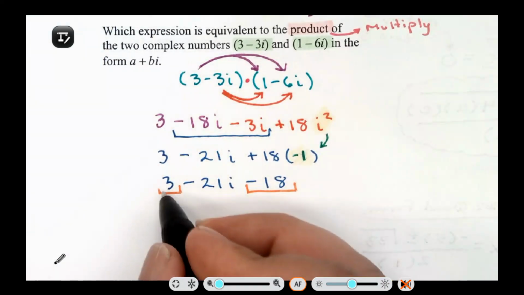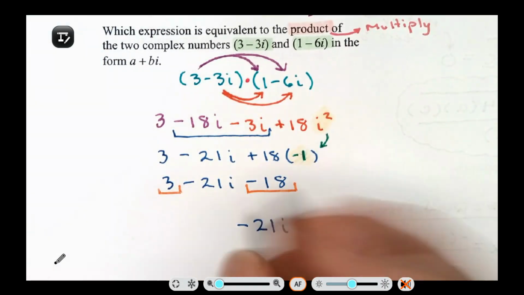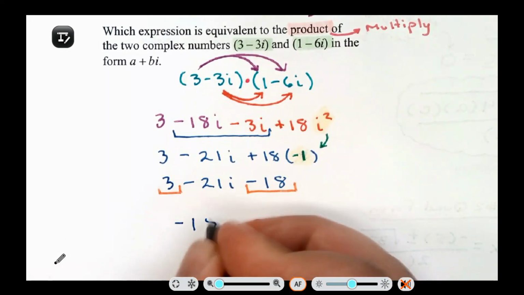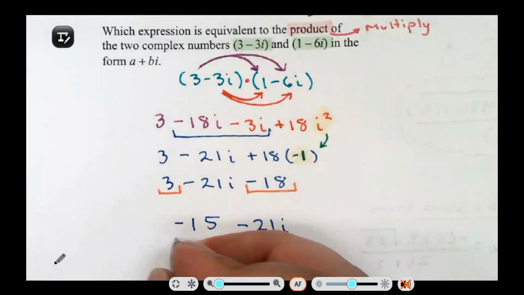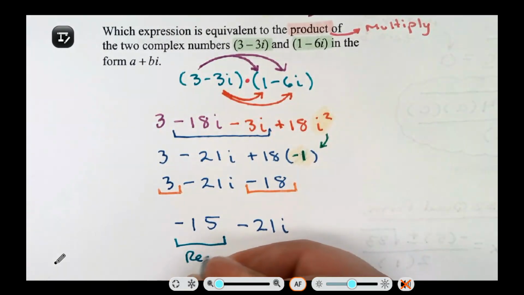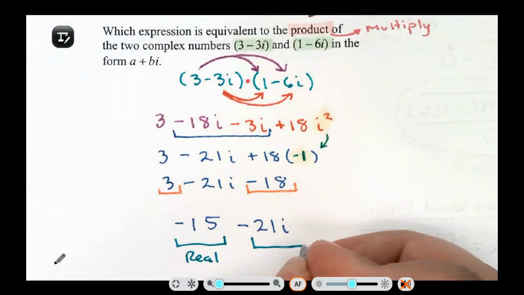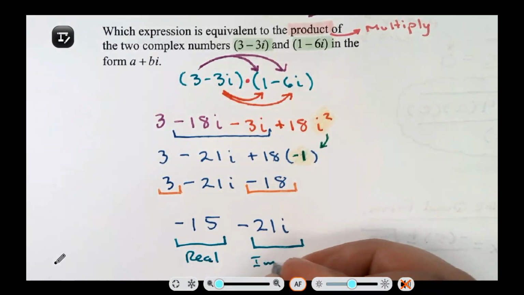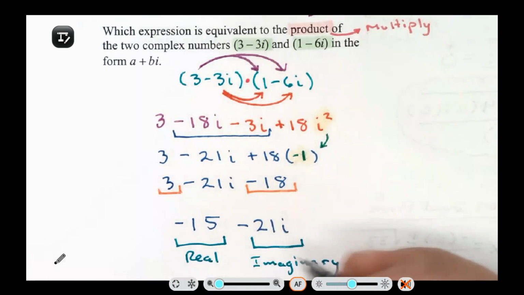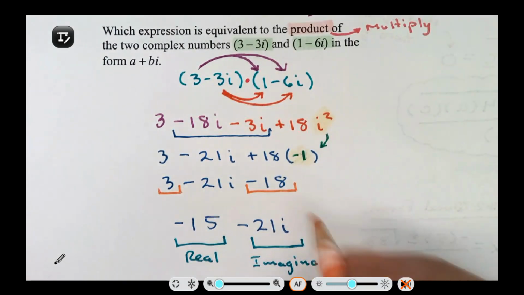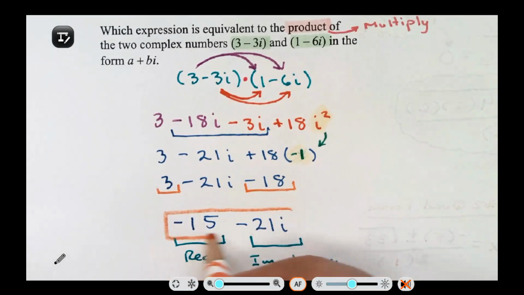And then, of course, 3 minus 18, well, that's negative 15. But remember, the real component always goes in the front. So the real part is always in front. The imaginary component is always in the back. Not that it matters because we were already done with the problem. And so this was the answer right here.